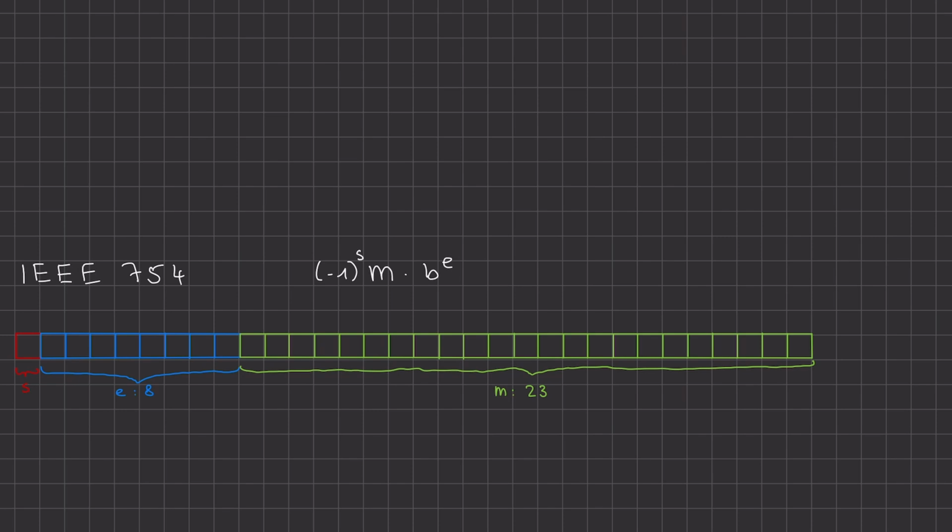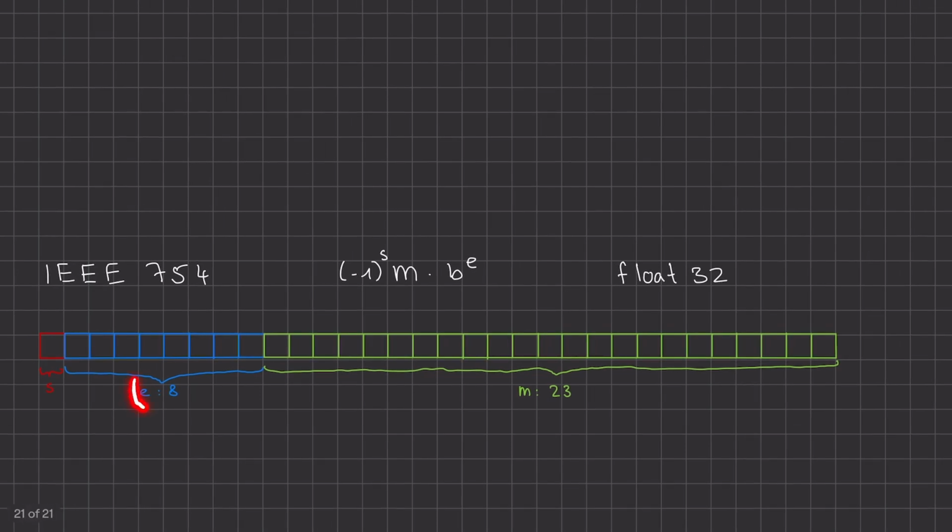Here, for example, we have the float 32, and this is a float represented by 32 bits. In the IEEE 754 standard, we give 8 bits to the exponent and 23 bits to the mantissa. You notice that the mantissa receives a lot more bits than the exponent.